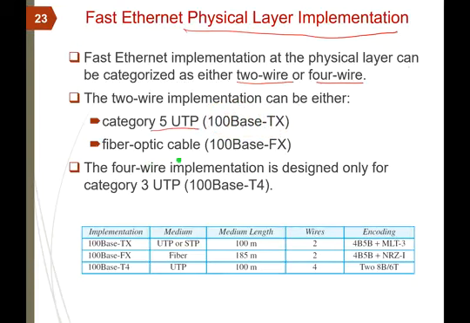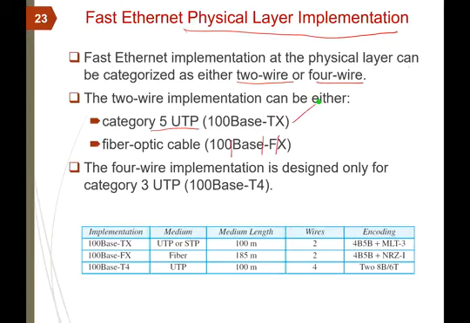Or it can be fiber optic. You see here 100 base F. F means fiber. The 4-wire implementation is designed only for category 3 UTP. We don't actually use it that much.